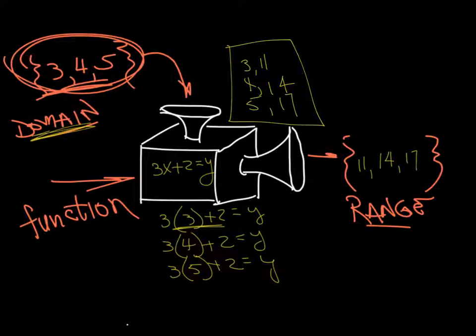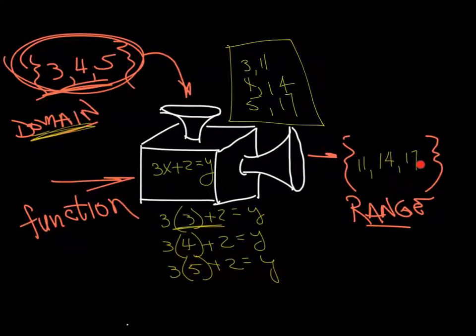So one thing to understand, the domain is all of the possible x values that you're going to put in, and the range is the y value or the answer you're going to get when you put in x values. So when I put in x values here, I'm going to get numbers out: 11, 14, 17. This is my range.